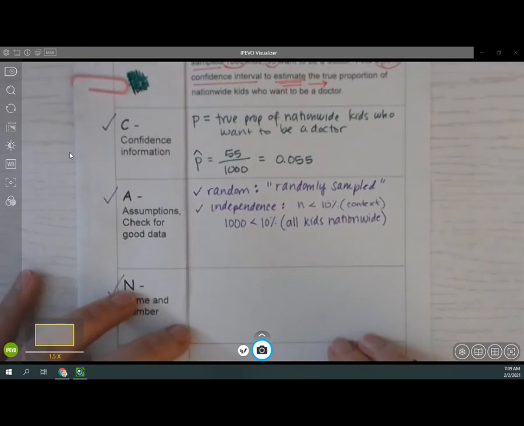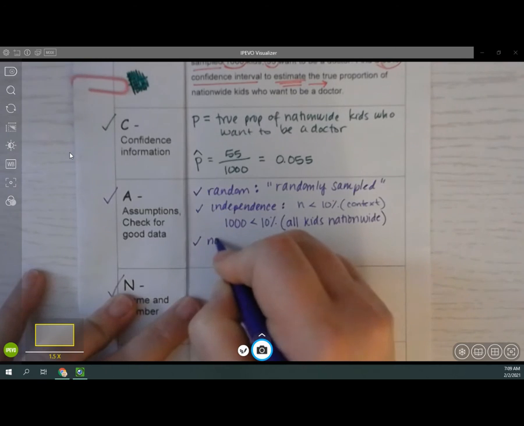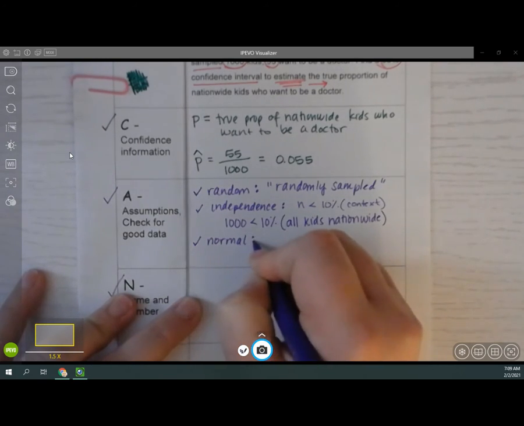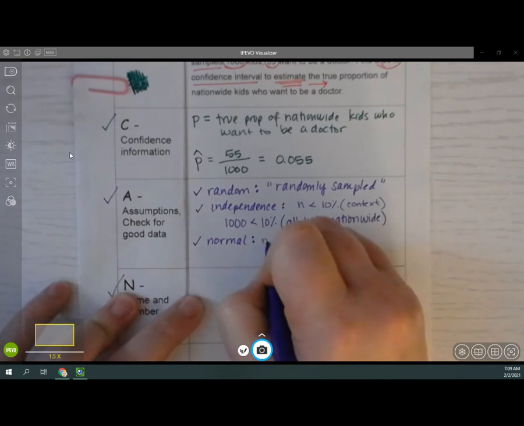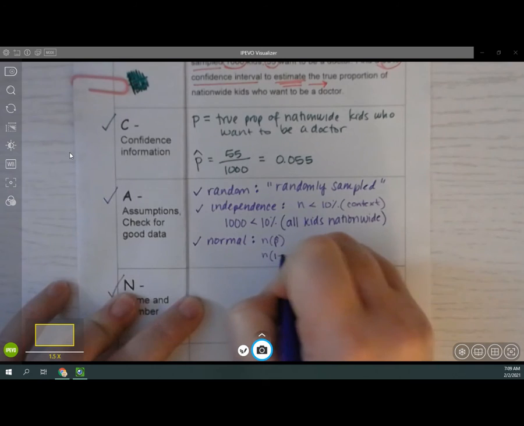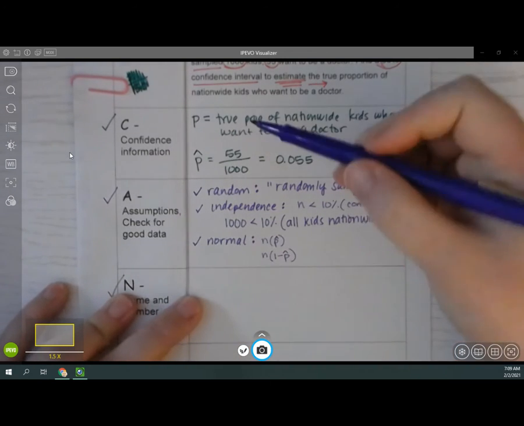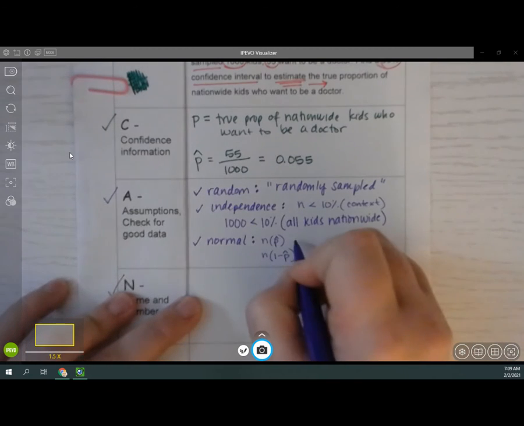And the last thing we need to do to verify that it's good enough data is we need to check to make sure that my shape is approximately normal. And to do that for a proportion, we're going to do our total times our p hat and our total times 1 minus p hat. We don't know about the population, so we have to use the statistics.